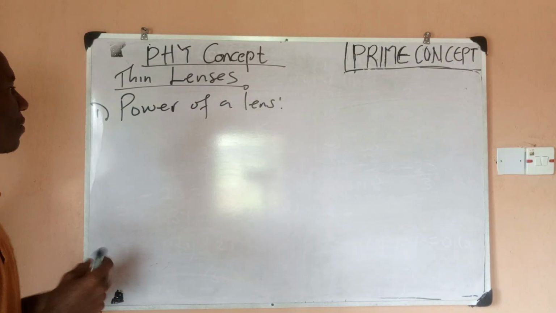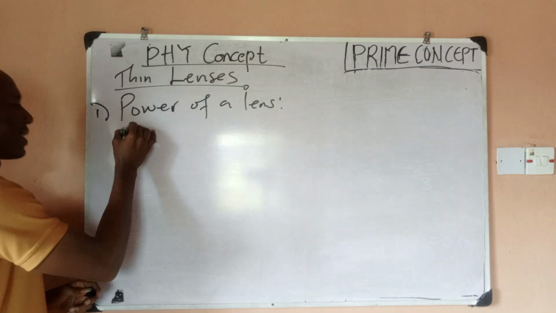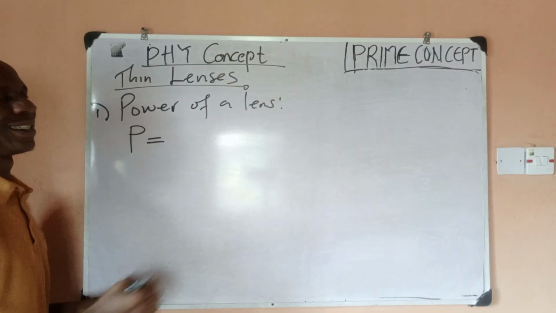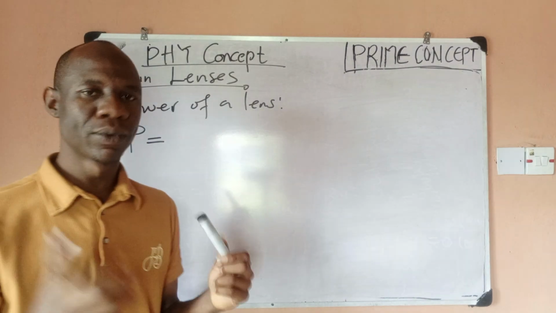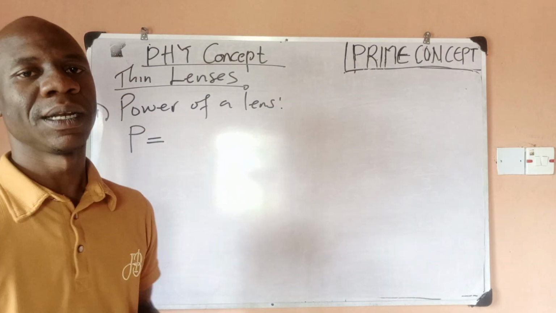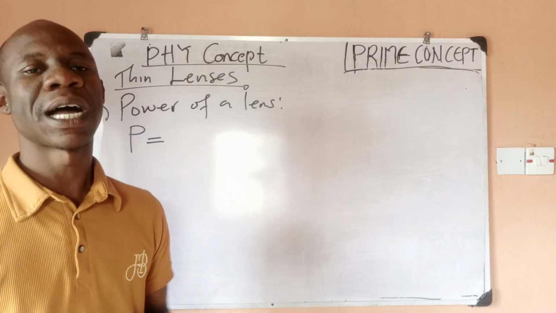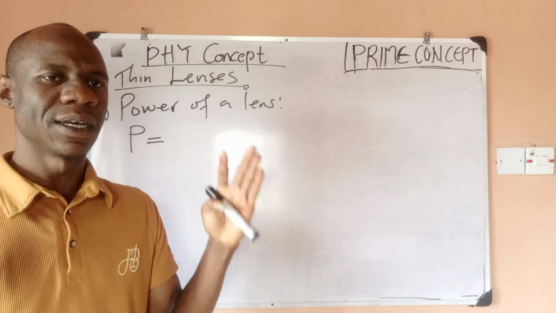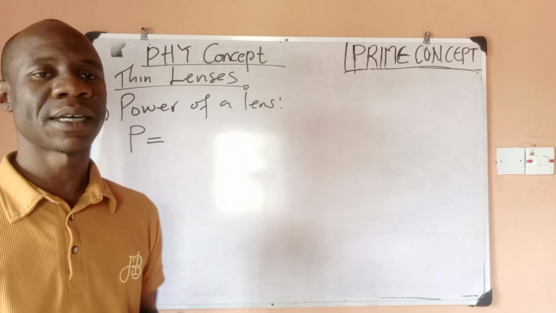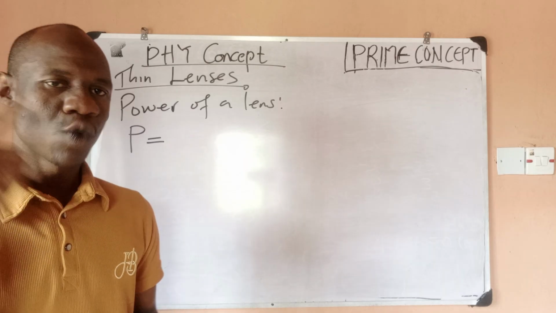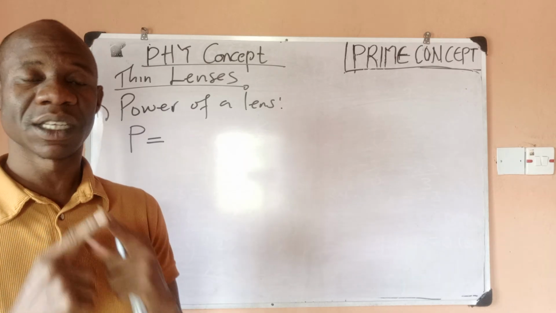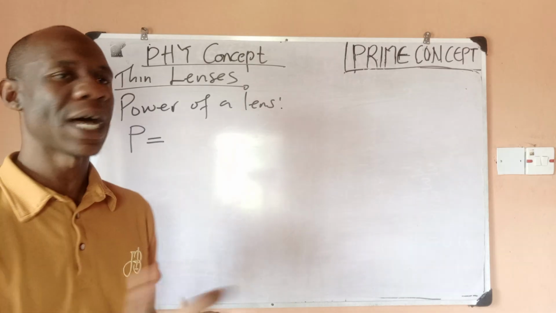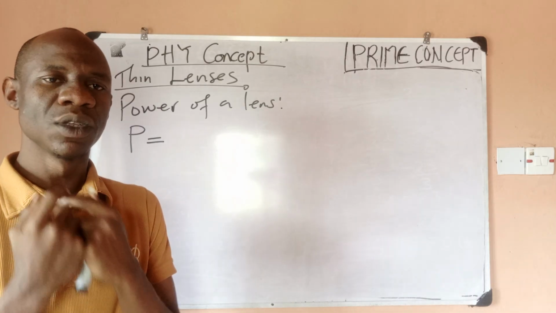So the power of a lens is denoted with the symbol P. The power of a lens is simply the reciprocal of the focal length when the focal length is measured in meters. So before you can find the power of a lens, you need to know the focal length.